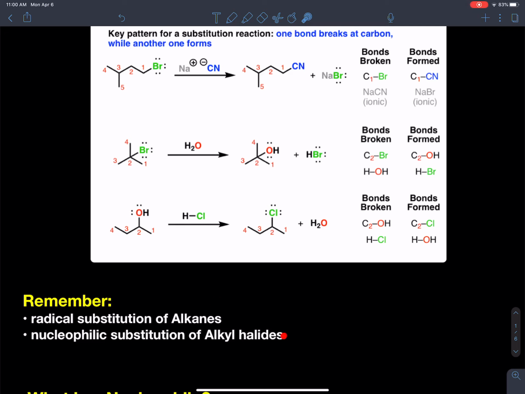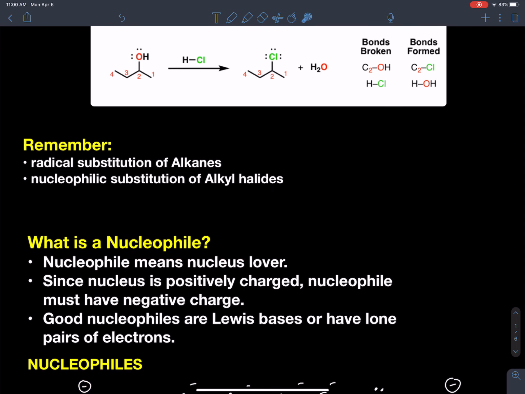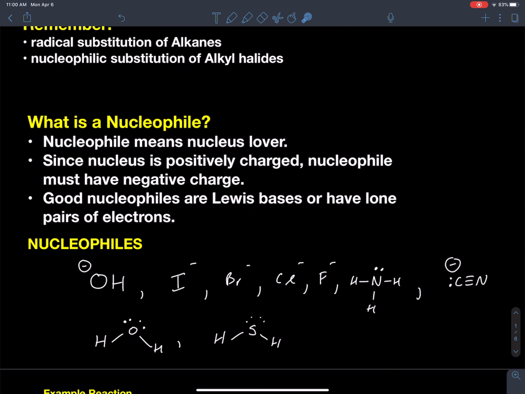But today we're going to focus on reactions of alkyl halides with something called a nucleophile. A nucleophile is something that can substitute the halide in an alkyl halide to make a new functional group or a new molecule.